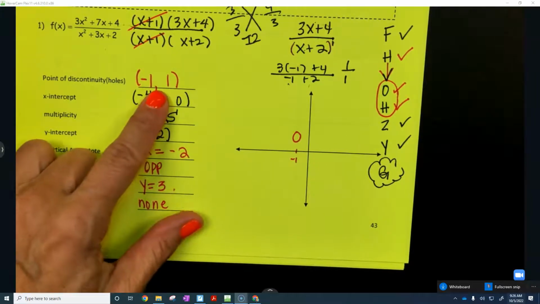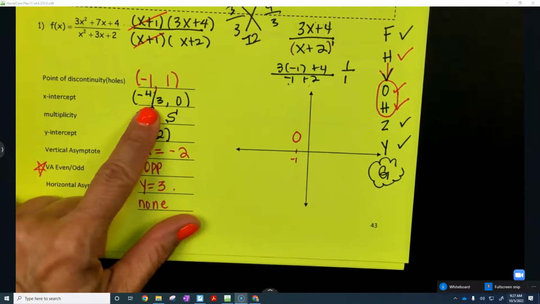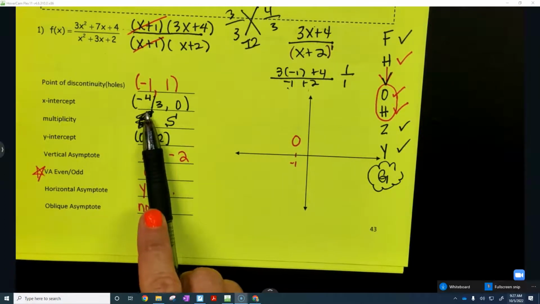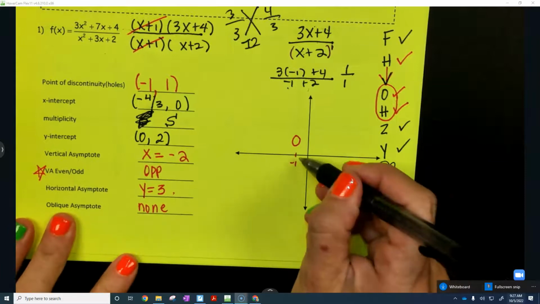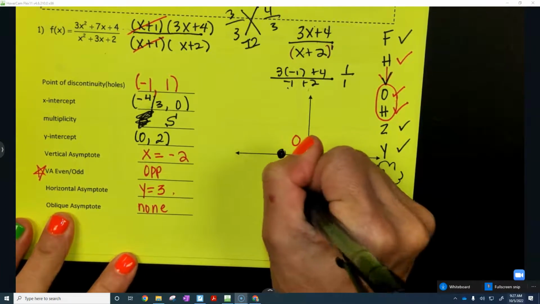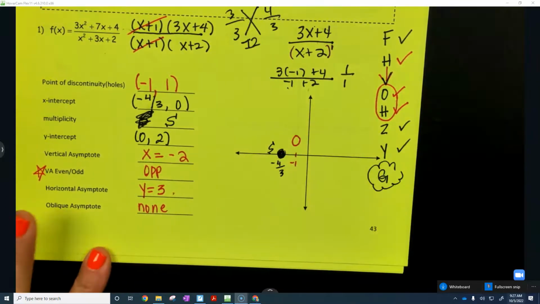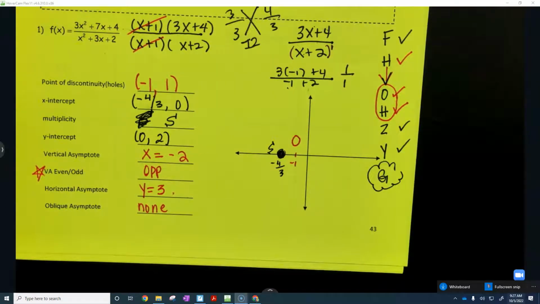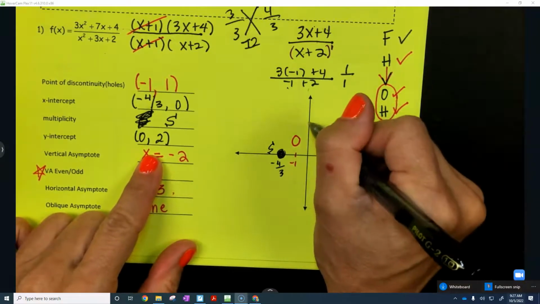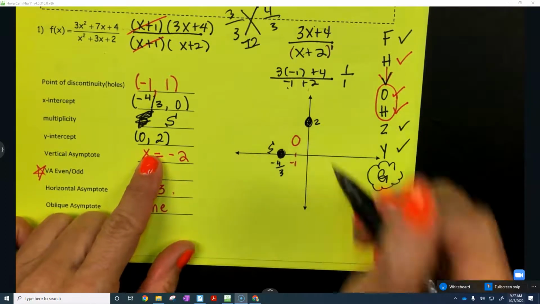So I've plotted the hole. The next thing I'm going to do is plot the x-intercept, which is -4/3, which is a little past -1. So if -1 is right here, then I'm going to say -4/3 is right there. And remember, it has straight through behavior. And then the next thing on my list is my y-intercept, at 0, 2. So 2 can be right there.